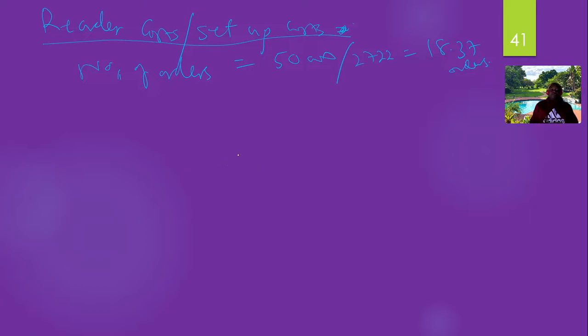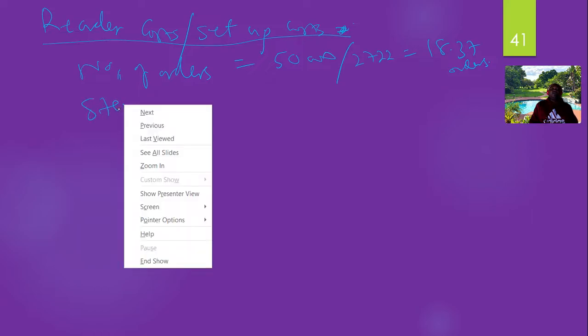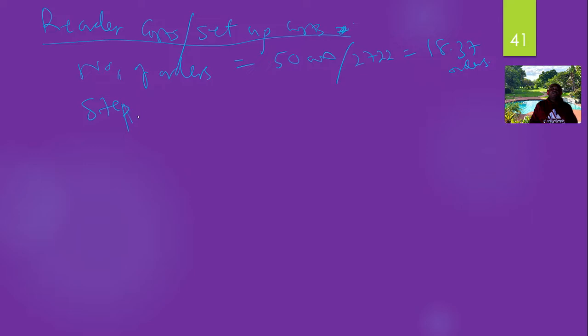Then we go to the setup costs, the reorder cost. The setup cost becomes the number of orders, 18.37 orders, multiplied by the cost per order.